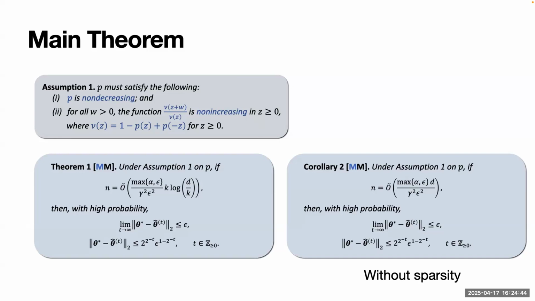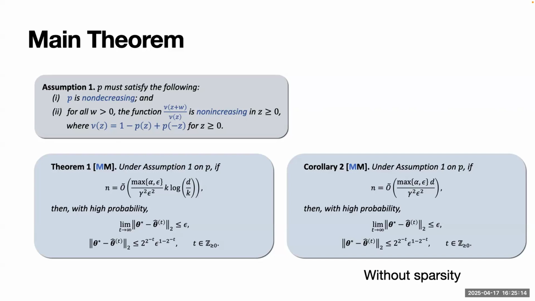Not only that, we can have a more refined result: we don't need too many iterations. Actually, log 1/epsilon iterations are enough. So very fast convergence, in a few iterations. This is given over here: 2 to the power minus t, then epsilon to the power 1 minus 2 to the power minus t. You see this 2 to the power minus t is in the exponent, so within very few iterations, you'll be able to achieve this.